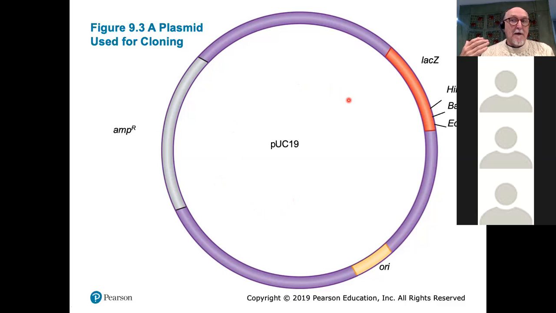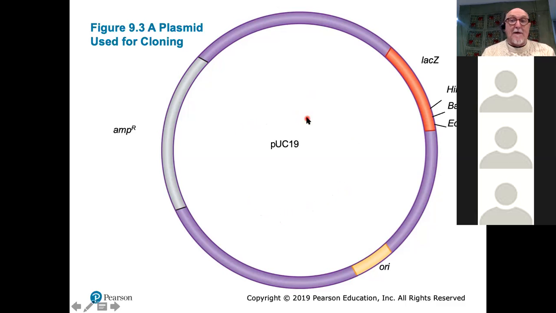Competence arises when a cell is able to take up foreign DNA from its environment and change its genome. By doing that, we refer to it as transformation. So we can transform bacteria with pUC19 using quite simple systems based on the natural procedures that we see in nature.